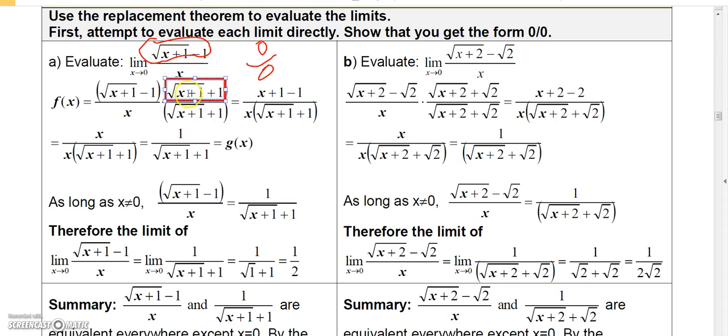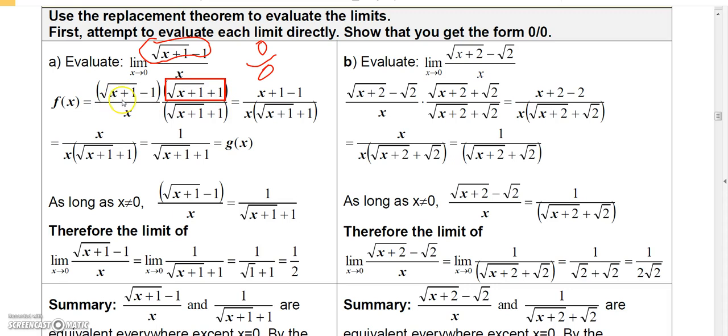So in other words, if I multiply, and we learned this in algebra, if you multiply this square root minus 1 by this same square root plus 1, it will eliminate the radical.